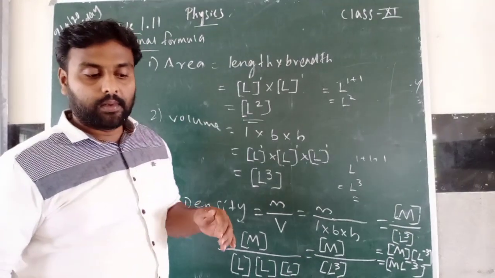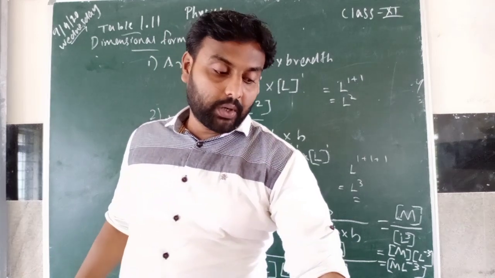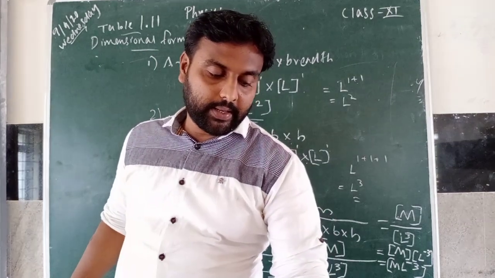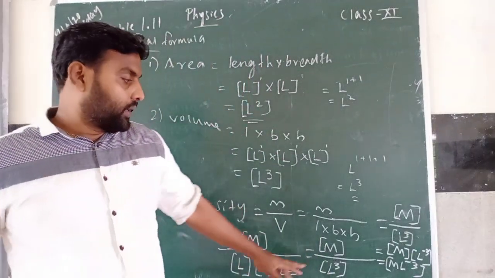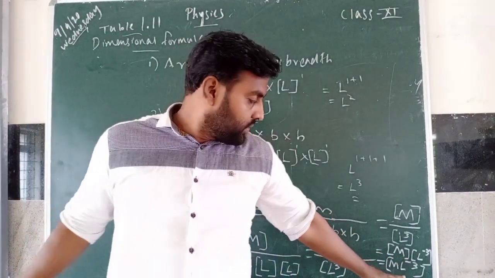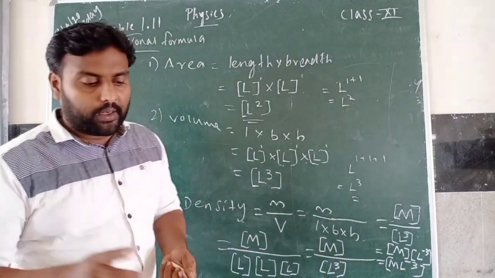Understand? You see in the textbook table 1.11: area L square, volume L cube, and density M L power minus 3.